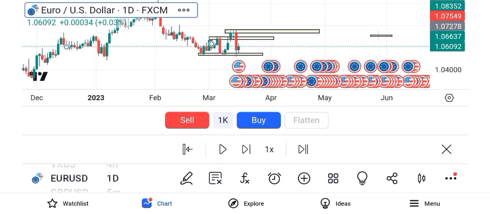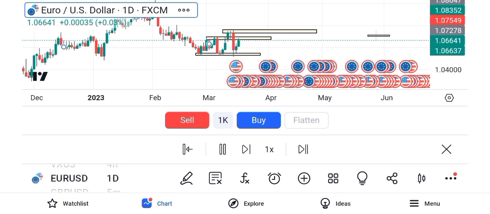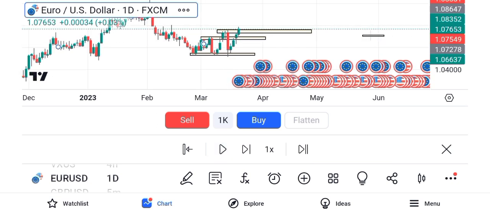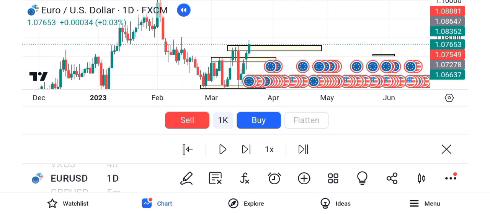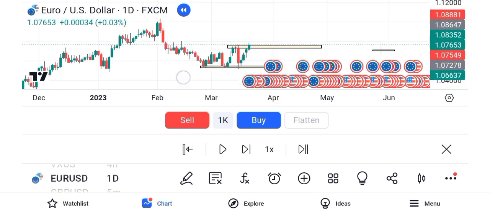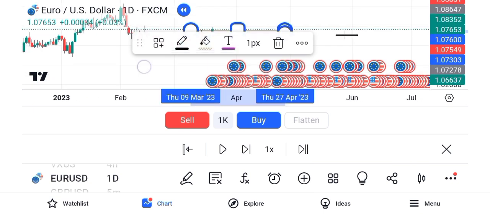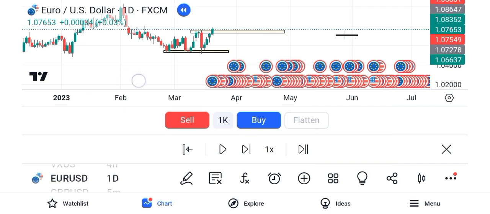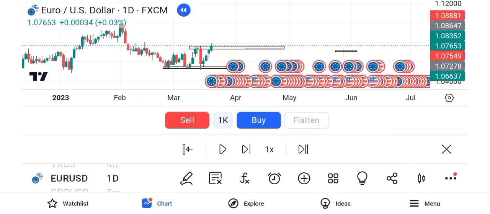Right, now let's play the charts and see. We are going to get rid of this key zone here, the one in the middle now. So now we have this and this one. Now let's play the chart and see.